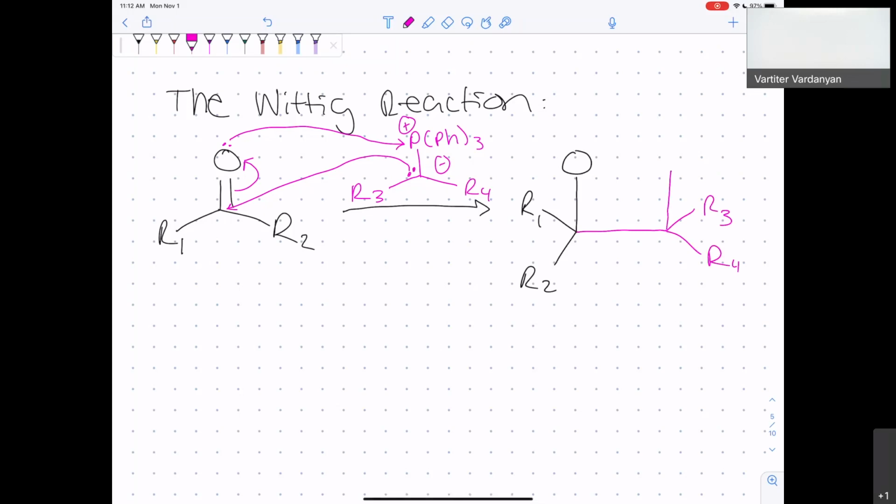And then we have a bond to phosphorus, which is bonded to three phenyls. And that is bonded to the oxygen. So we have this really weird looking box intermediate, right?